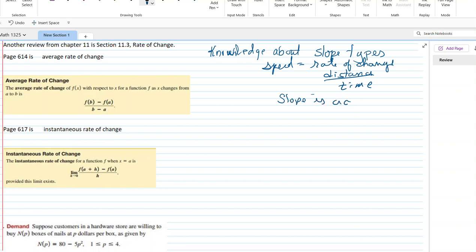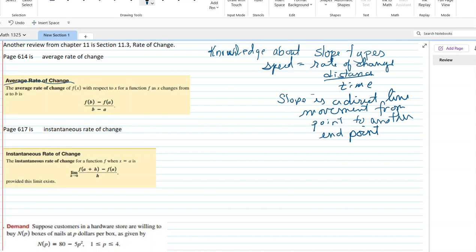It's a direct line from one point to another point, to measure change. All right, so let's look at this average rate of change.